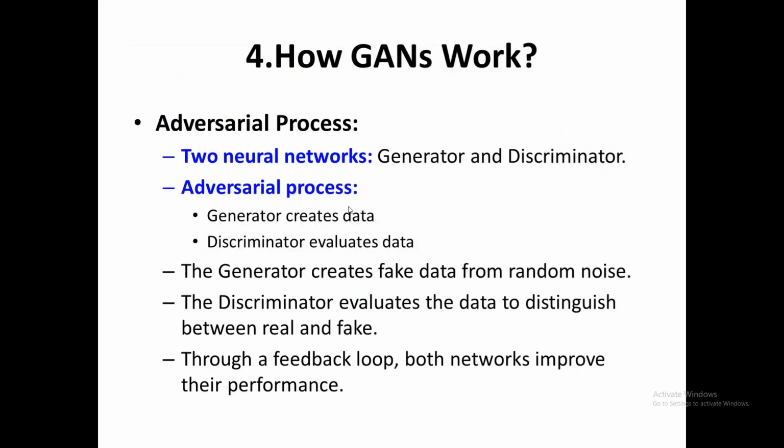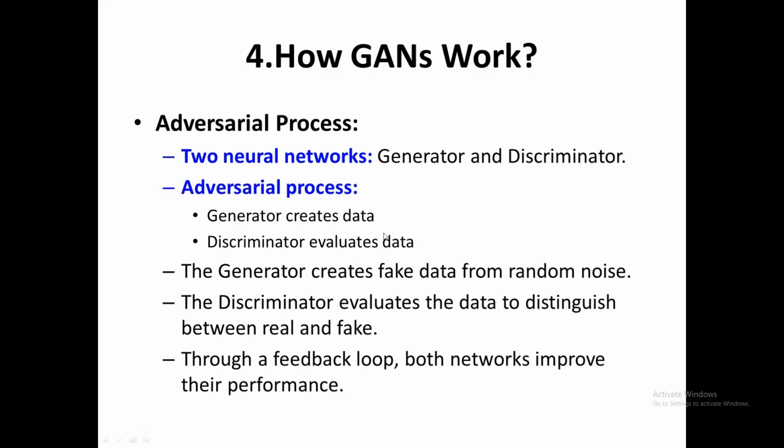So how does GAN work? By using the adversarial process. The adversarial process is competing with each other. That means the two networks work in opposition. The generator generates the images, and the discriminator discriminates the images between real and fake. So in the adversarial process, the generator creates the data and the discriminator evaluates the data.